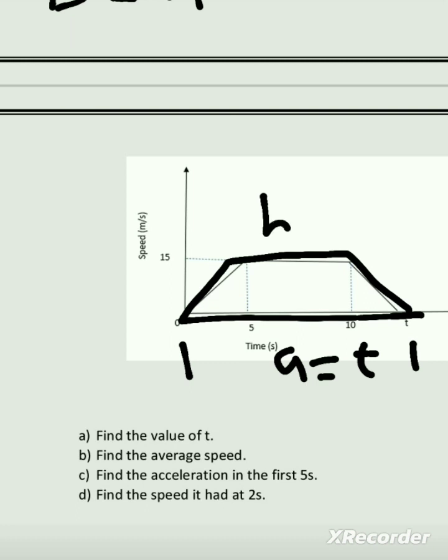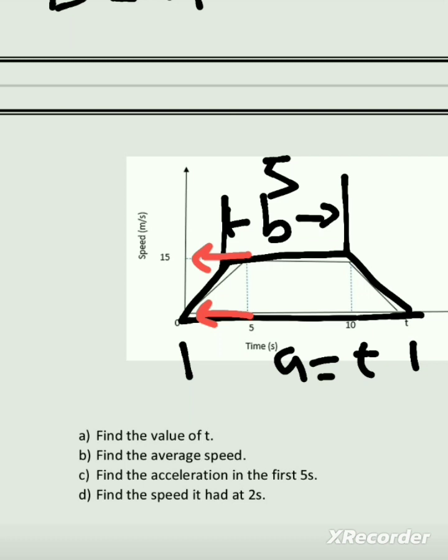Our B is from 10 to 5, which means our B is 5. Our H is from here to here, meaning 15 minus 0. So our H is 15. So we can start calculating, but we know the distance is 97.5.